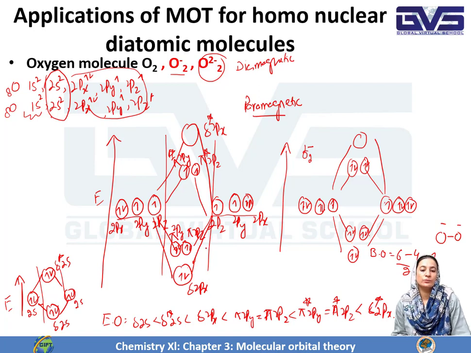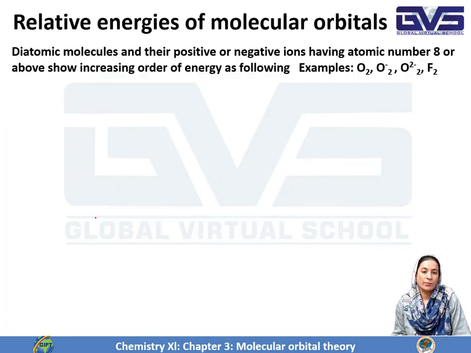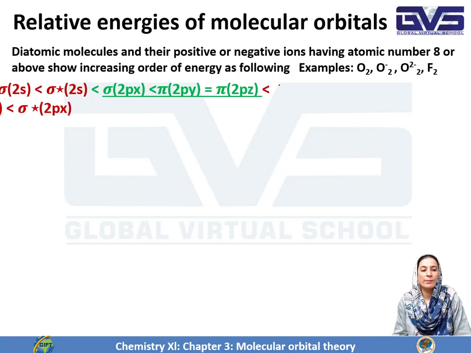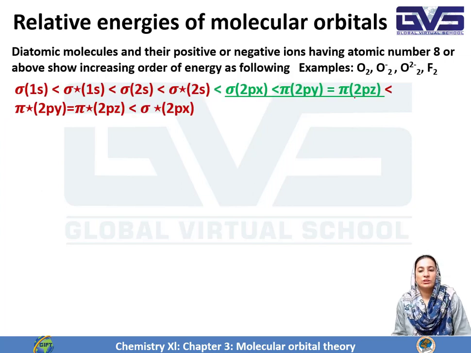So now come to this point: why it is different for nitrogen, boron, carbon, you can say atoms with atomic number 7 or less, and atoms with atomic number 8 or more, in diatomic molecules or their ions. The behavior of energy order for atoms and their ions, either positive or negative, will be the same. For example, for oxygen, I just explained in the previous slide that sigma 2px is at lower energy and pi 2py, pi 2pz at high energy.